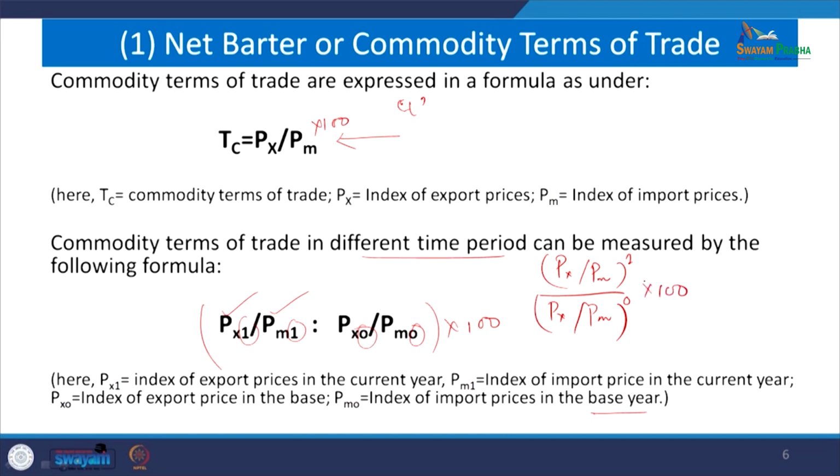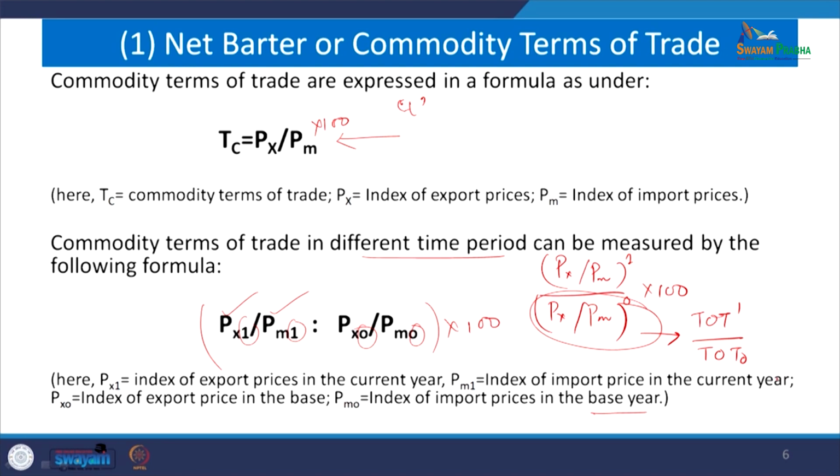So, for comparison purposes, we are supposed to take the ratio of the terms of trade, TOT of period 1 to TOT of period 0. So, it is basically comparing the rate of change of terms of trade between two time periods.